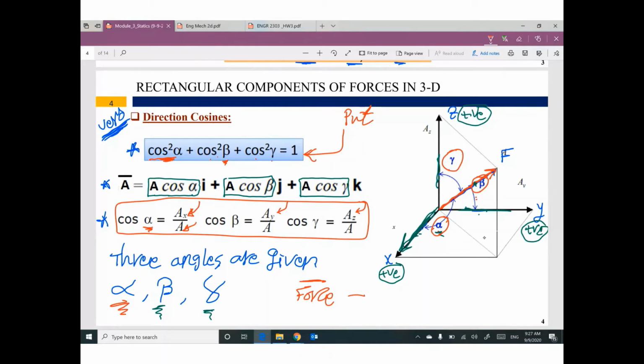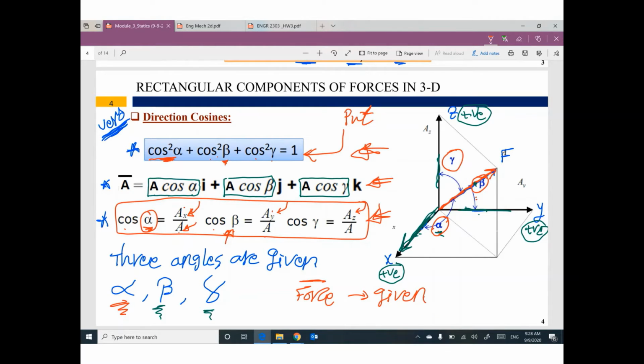So I can figure out the three components. If you divide this component by A, I can get cosine alpha. So inverse cosine, I can figure out the angle alpha. Y component divide A equal cosine beta. So if you get inverse cosine, I can figure out the angle beta. So these relationships are very important. Keep them in your mind.